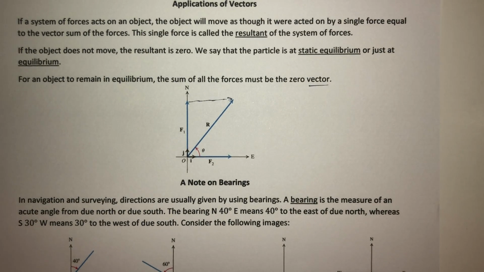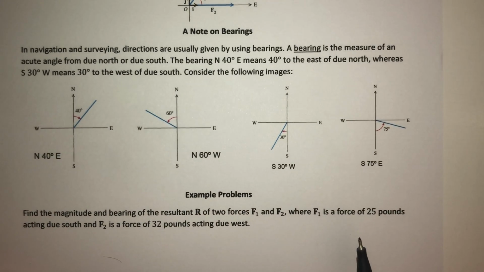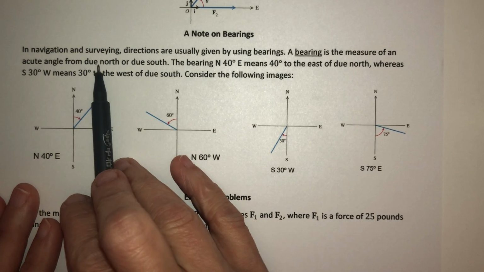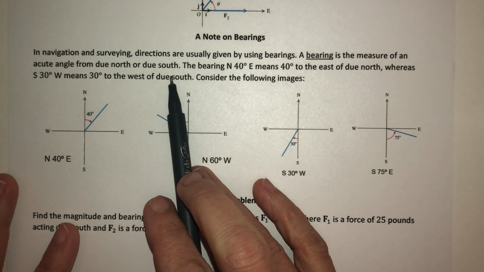Okay? Now, in the real world, we're going to be dealing with a lot of things that require us talking about bearings. In navigation and surveying, directions are usually given by bearings. A bearing is the measure of an acute angle from due north or due south.